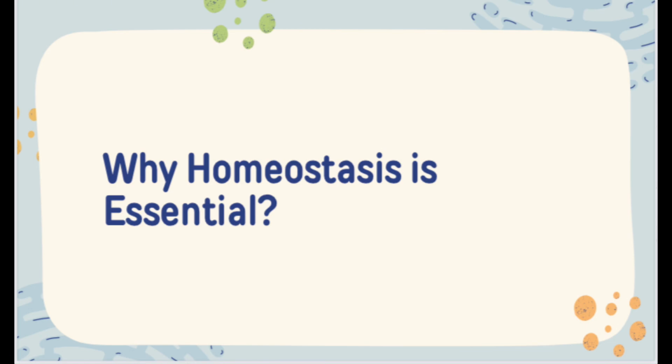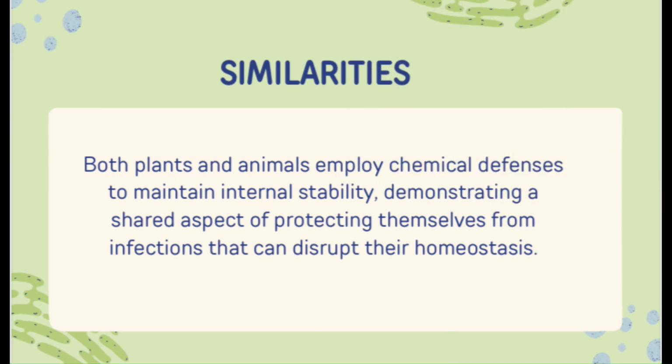We're now moving on to the similarities of animals and plants in homeostasis. So, why are they similar? Both plants and animals employ chemical defenses to maintain internal stability, demonstrating a shared aspect of protecting themselves from infections that can disrupt their homeostasis.